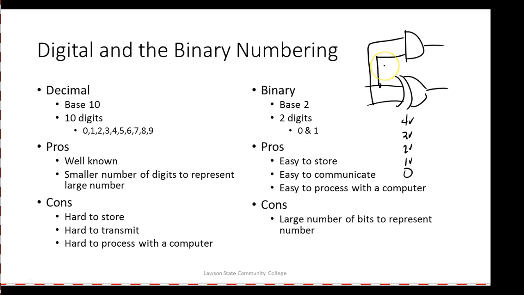A binary, we can use just 2 voltage levels, right? So I could use 0 volts to represent a 0, and some voltage to represent a 1.